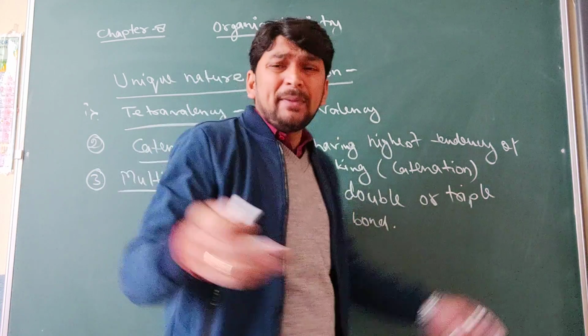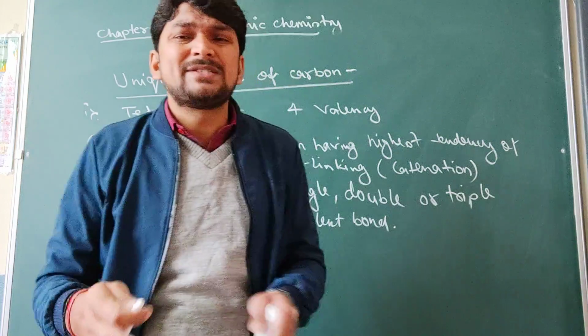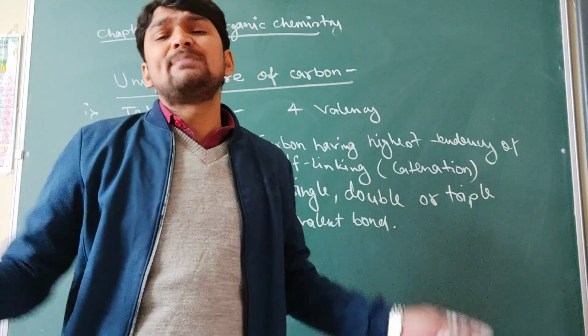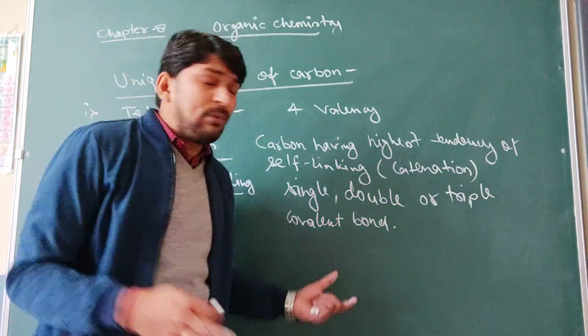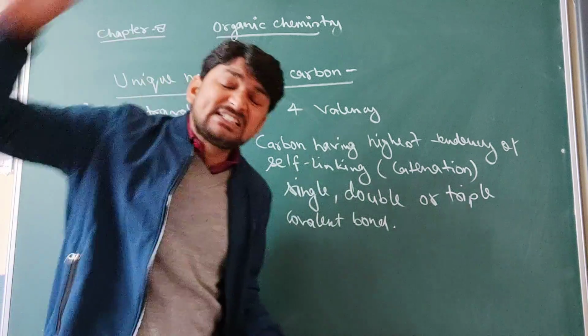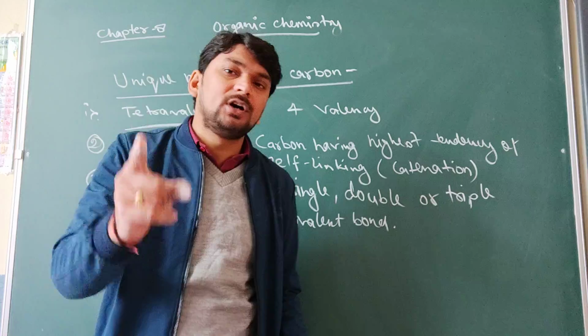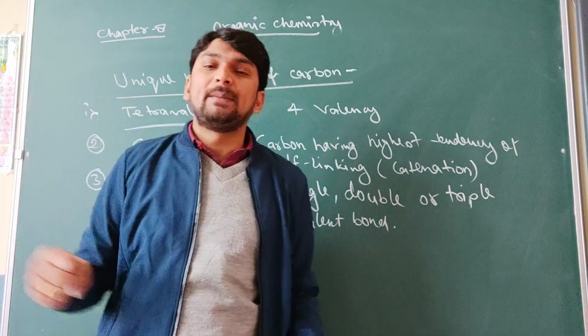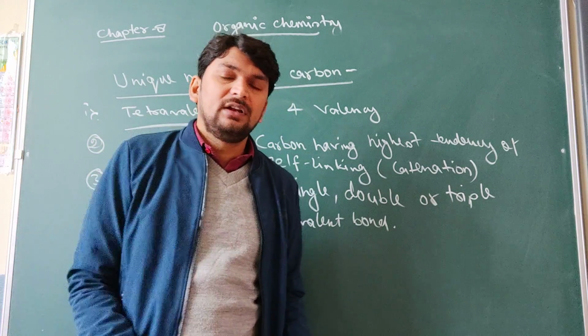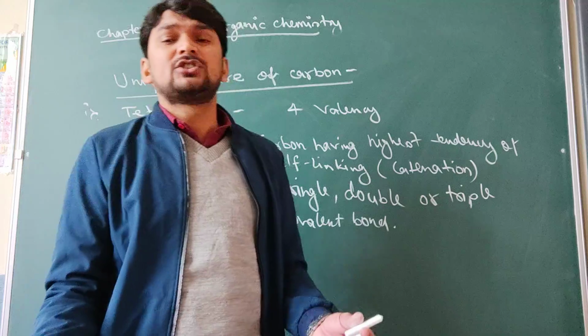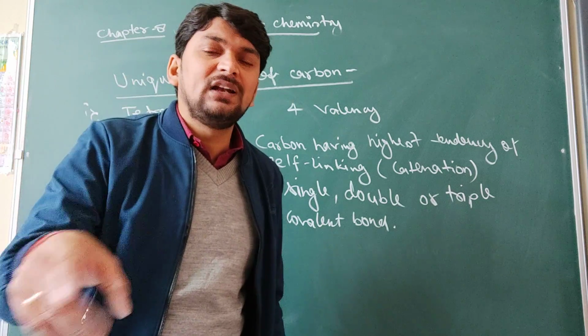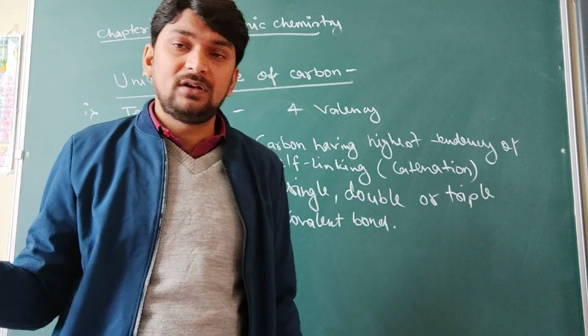It means between two carbon atoms, single as well as double or triple, all 3 types of bonds can be formed, and this tendency is not in any other element. No other element of the periodic table can form all 3 types of multiple bonds, single, double or triple. Like carbon, oxygen can form only single or double. It cannot form triple.